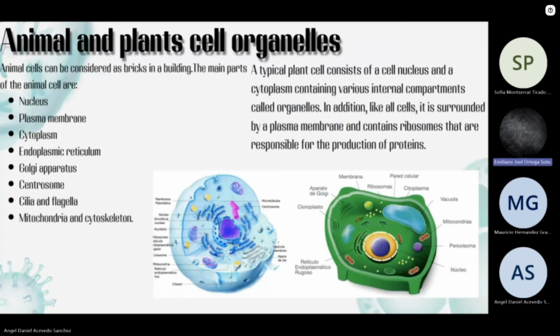So the animal cell has almost all that they share with the plant cells. For example, a typical plant cell consists of a nucleus, a cytoplasm, and many internal compartments they share with the animal cell. In addition, these cells are surrounded by a plasma membrane that contains ribosomes that produce proteins.